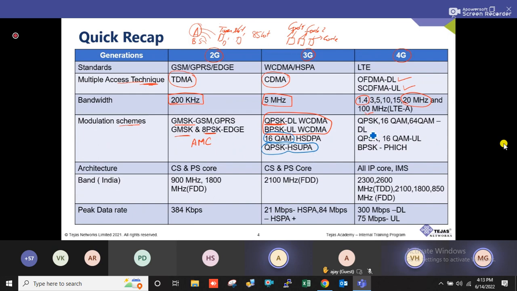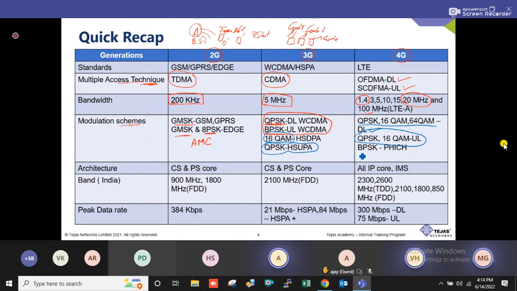Now, the same thing, if you look at LTE, we have three different modulation techniques, which are adaptive in nature: QPSK, 16 QAM and 64 QAM, in the downlink direction, that's very important. In uplink, as of now, we see a lot of implementation with QPSK and 16 QAM.